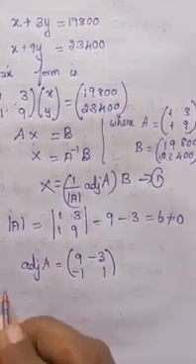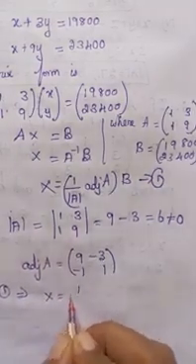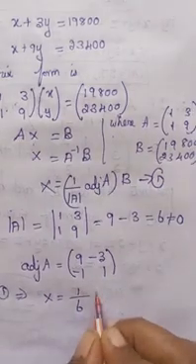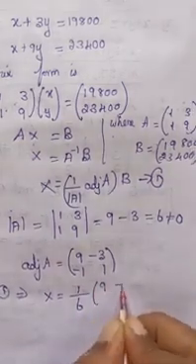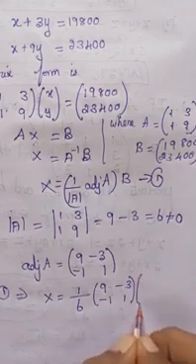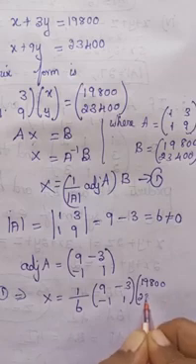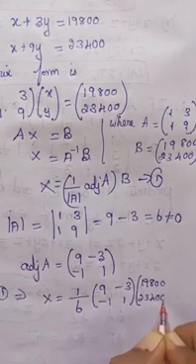Now we can substitute. See, equation 1 implies capital X is equal to 1 by determinant A, 1 by 6, into adjoint A, 9, minus 3, minus 1, 1, into B, 19,800 and 23,400.